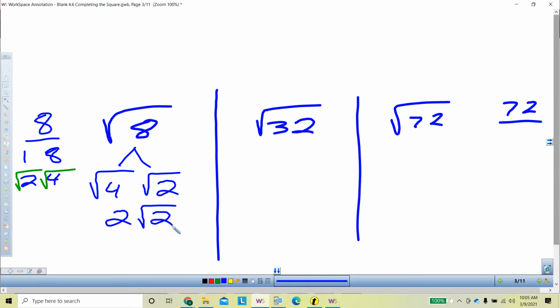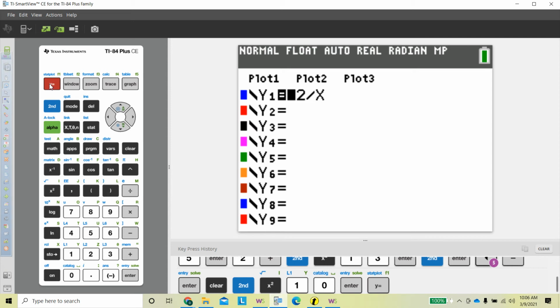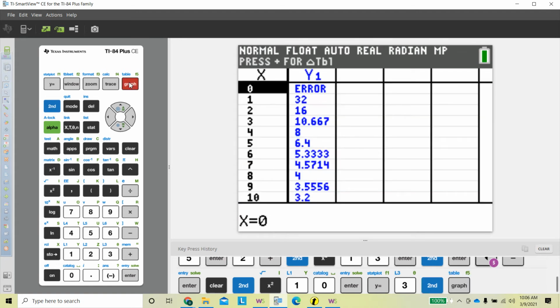Yes, it does, but there's a bigger factor you can square root. So what I recommend is using the y equals thing in the graphing calculator, 32 divided by x, second graph to see the list of factors, and then I can just copy this list over. Right, I only need to go that far.